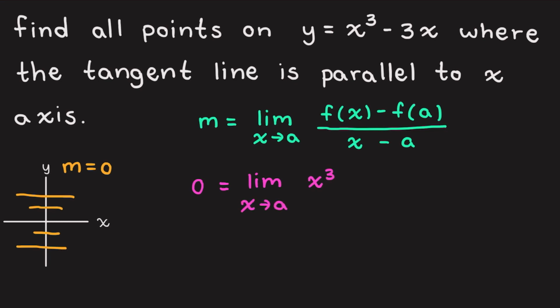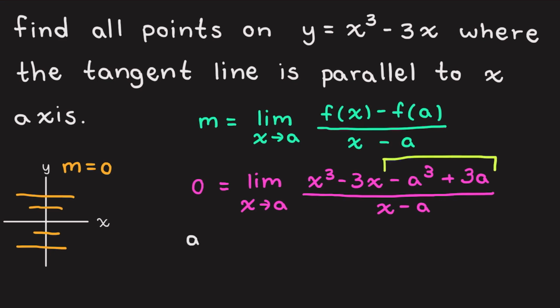So we can go ahead and take our limit definition and set that equal to 0. F of a is essentially a specific value, so we can treat it as a constant and then perform synthetic division on it.